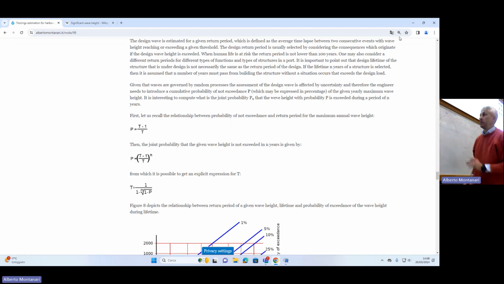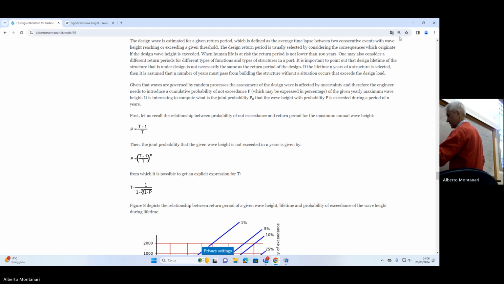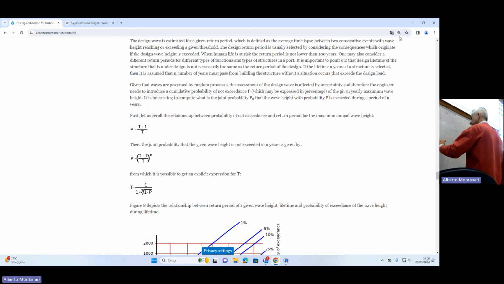It's the relationship between probability and return period, or let's say we can write that probability is equal to return period minus 1 divided by return period. Or alternatively, we can derive the return period here.